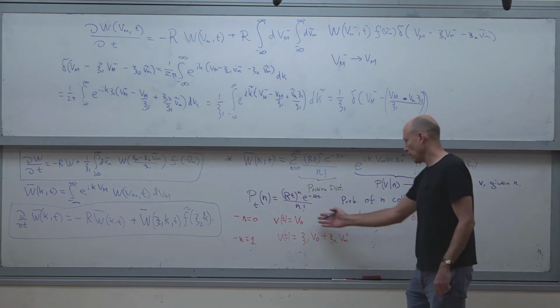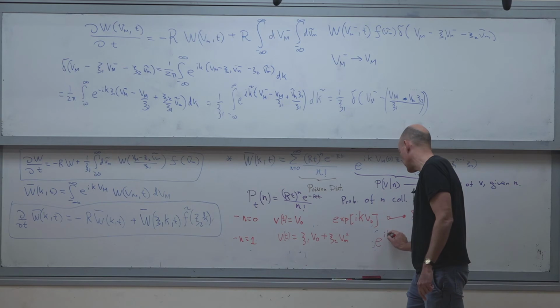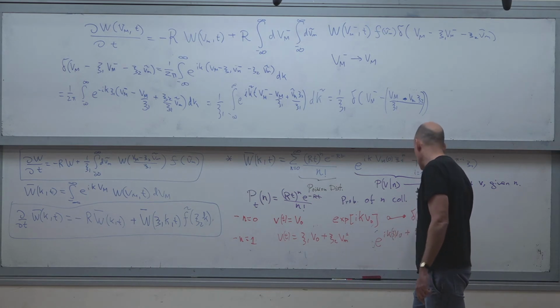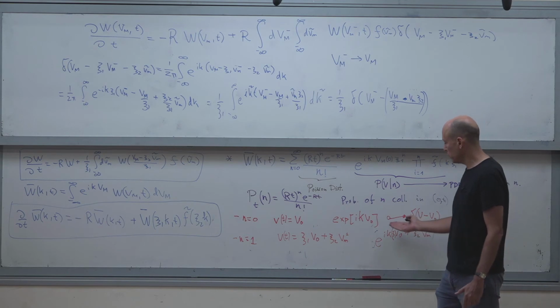So what is the Fourier transform of this object? It is e^{iK} times (Xi1 V0 plus Xi2 Vm1). And what is the meaning of the distribution function?